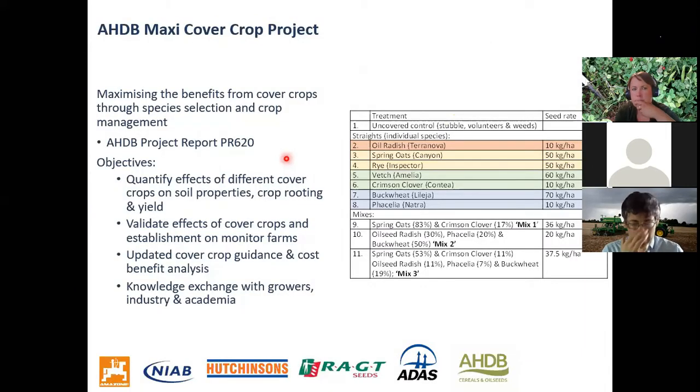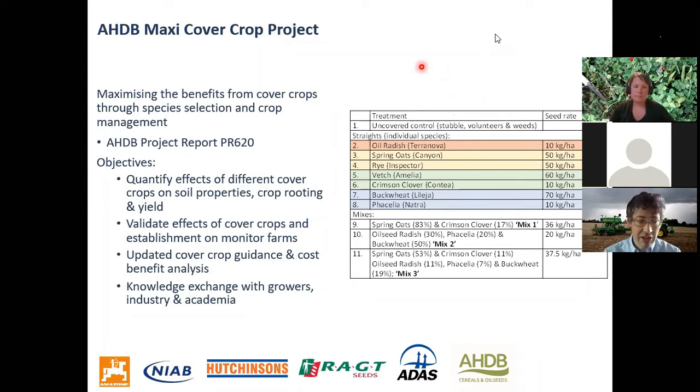Some other work, again, AHDB have funded a long-term project that lasted over 4 years, looking at a whole range of different cover crop species. Some of these were grown individually, some were sown as mixes, to try and work out where the best benefits from mixes occurred and understand which components of those mixes performed the best.